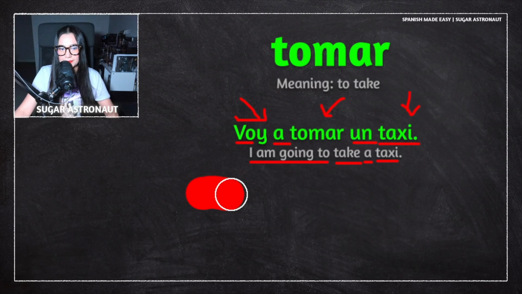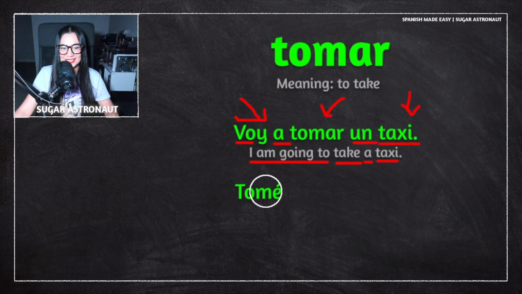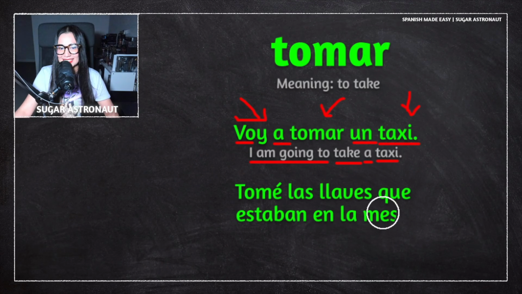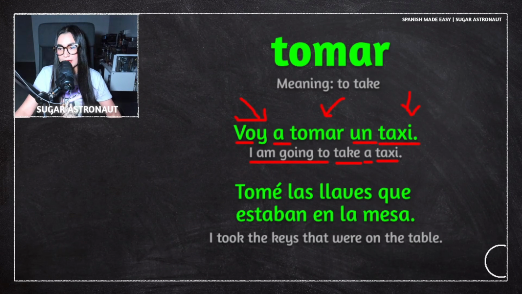For example, tomé las llaves que estaban en la mesa. This means I took the keys that were on the table.